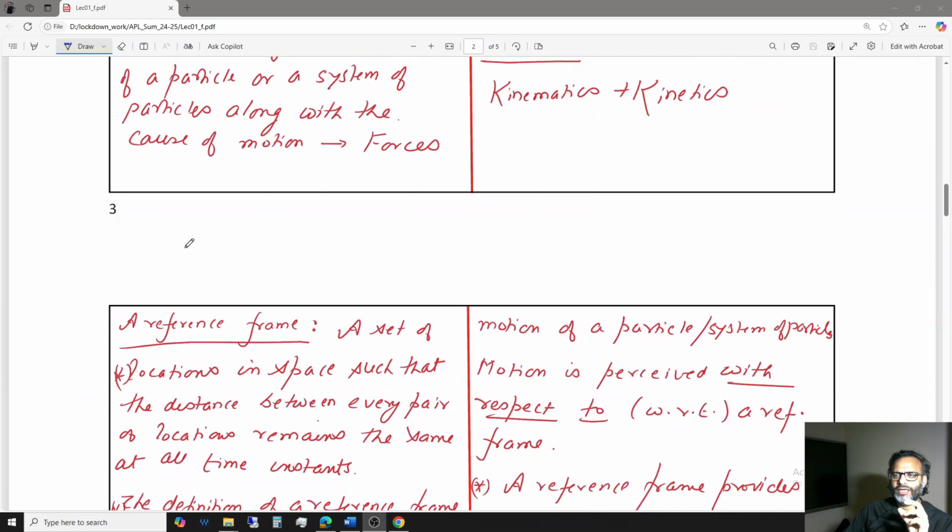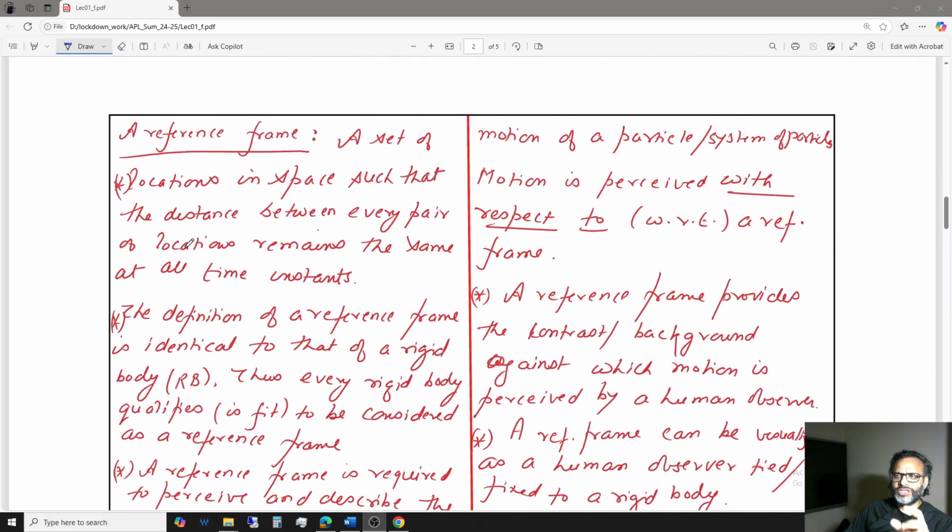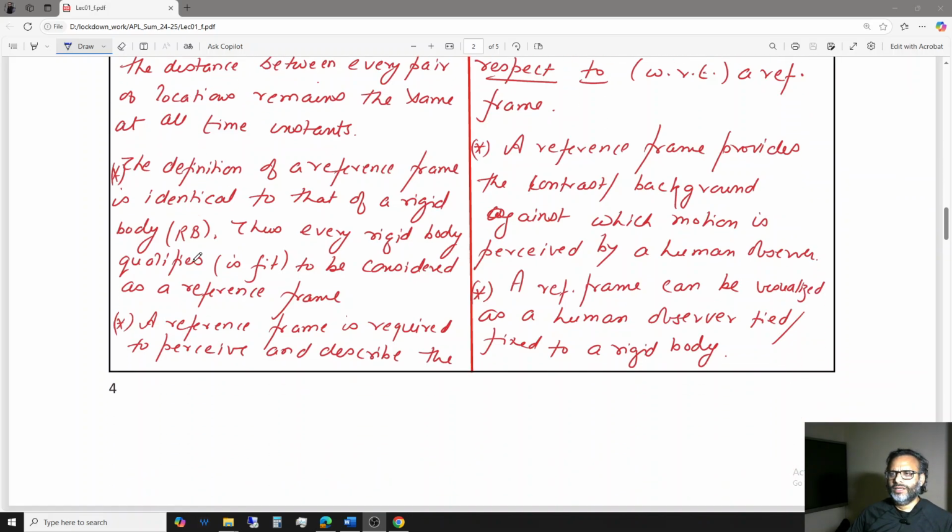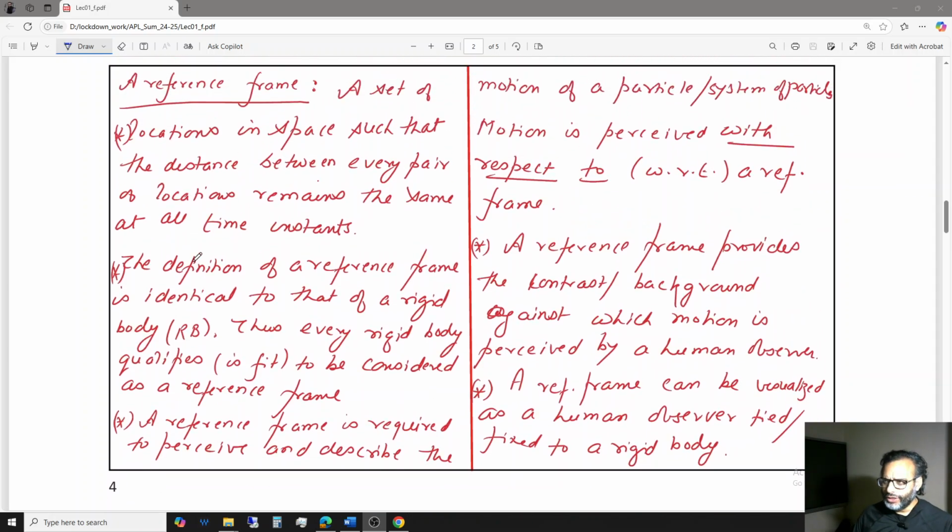Whereas I'm saying a reference frame is a set of locations in space such that the distance between every pair of locations remains the same at all time instants. Now, if you follow these two definitions, it turns out that if you have a rigid body, you can consider that as a reference frame itself. Every rigid body qualifies to be called a reference frame.